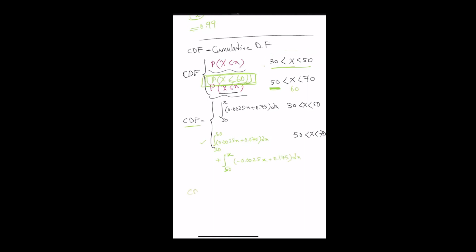Remember, CDF is always the probability of x less than or equal to x, so this is always the upper bound, like here or here. If you calculate these two and add them together, then that's the CDF for when x is between 50 to 70. Does that make sense? Yep.